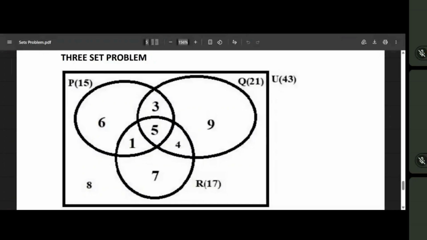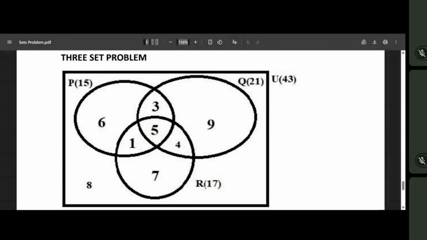But if you don't want anything to do with those who have 2, but you want exactly 3 diseases, then you go for the 5. The 5, they have all the 3 diseases. So you can describe them differently. Then the 8, they have none of the 3 diseases.